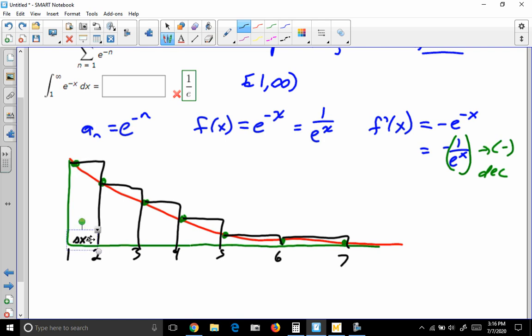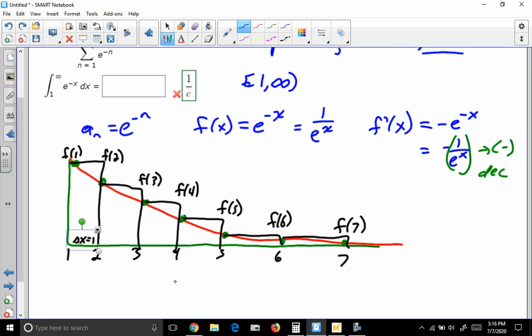Delta x is 1. So the area of that rectangle would just be given by the corresponding y value: f of 2, f of 3, f of 4, f of 5. Because when we multiply it times the width, anything times 1 is itself.